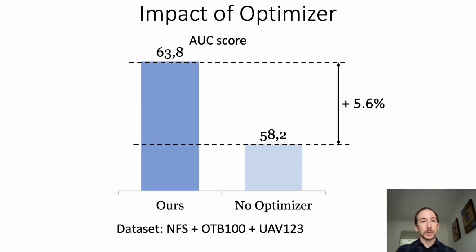Here we first evaluate the impact of our optimizer. No optimizer here only means the initializer module, which corresponds to a Siamese baseline. As you see, our discriminative optimizer, or optimizer solving a discriminative objective, gives a very large boost in performance.